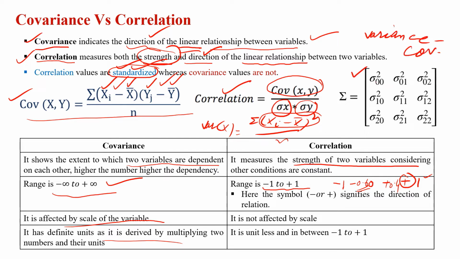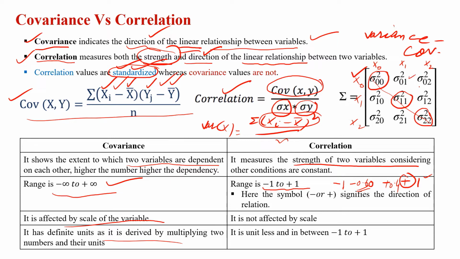In a variance covariance matrix, the diagonal values are the variances of the variables. So if this is x0 variable, this is x1 variable, this is x2 variable, this value indicates the variance of x0 variable, this indicates the variance of x1 variable, and this is the variance of x2 variable. Whereas sigma square 0,1 indicates the covariance between x0 variable and x1 variable.